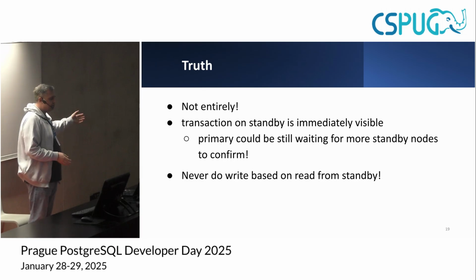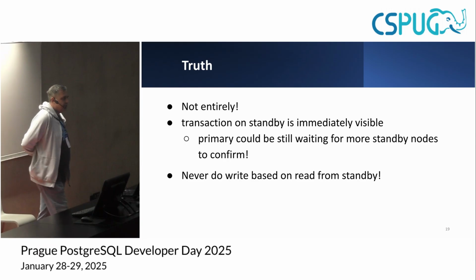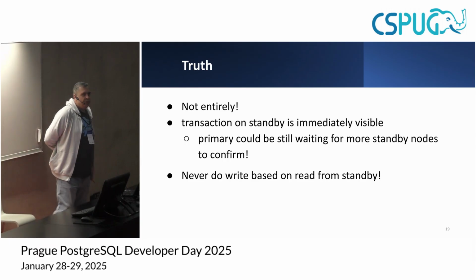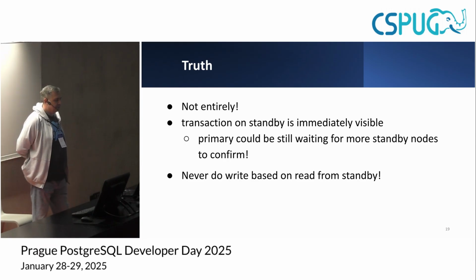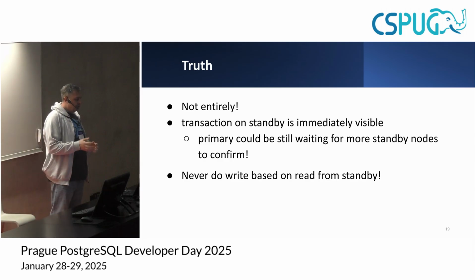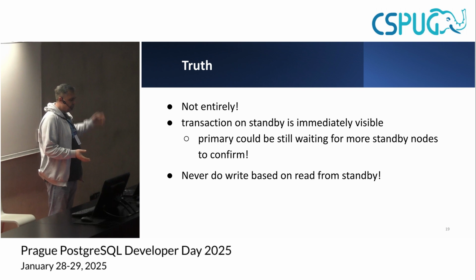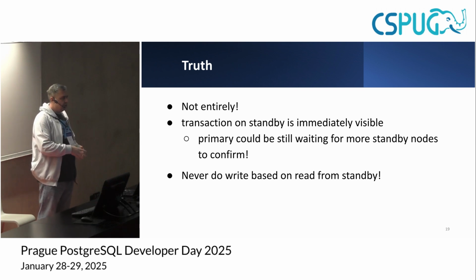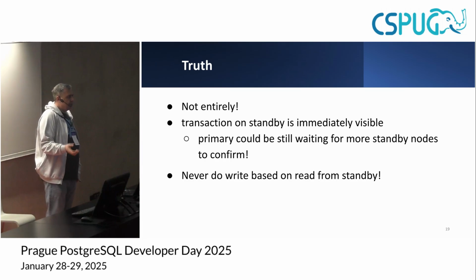But if you query the primary, it will still not be visible. So it's a very funny side effect. Not many people are aware of it. If you build an application, you should never decide to do writes on the primary based on reads on a standby, even if you are reading from a synchronous standby.